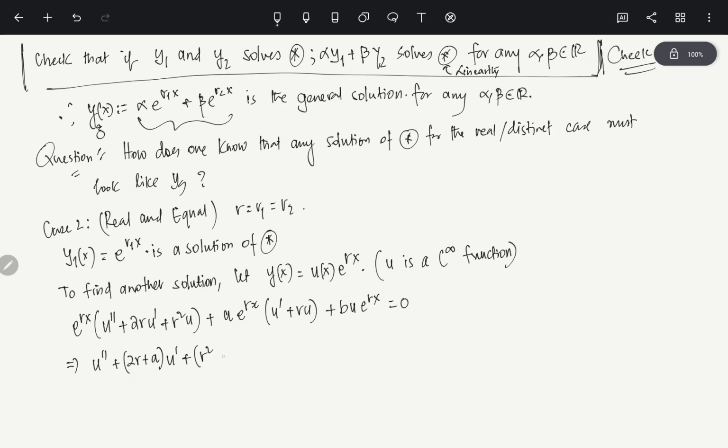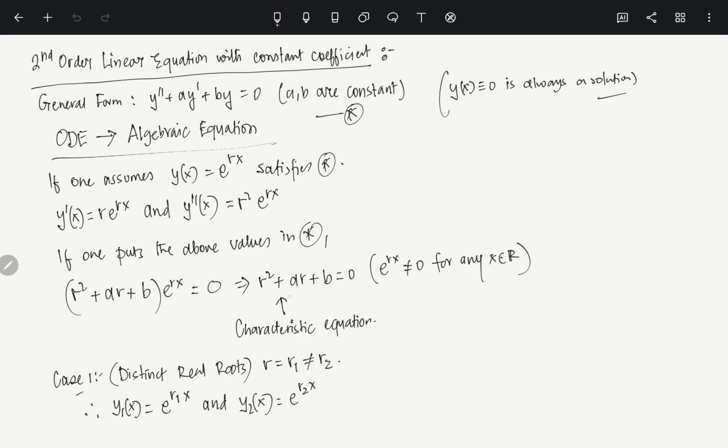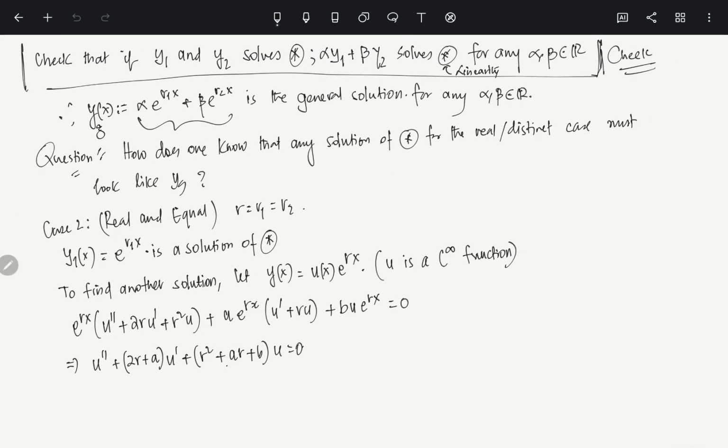Clear? Now, r is a root of the characteristic equation, which is given by r square plus a r plus b. So if r is a root, then r square plus a r plus b equals 0, and this term is gone. That implies your equation looks like this: u double prime plus (2r plus a) u prime is 0.